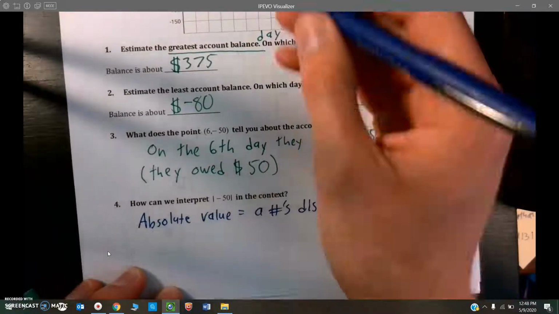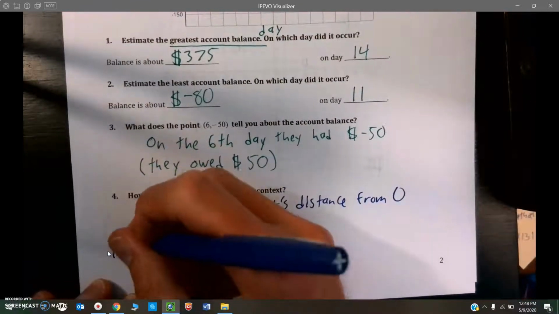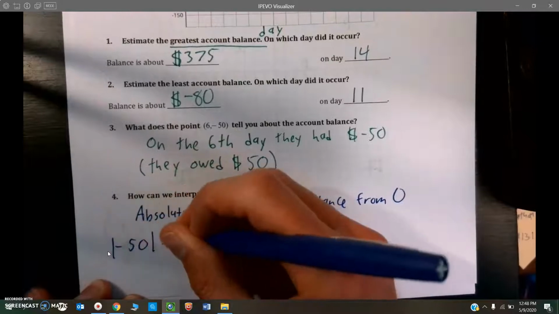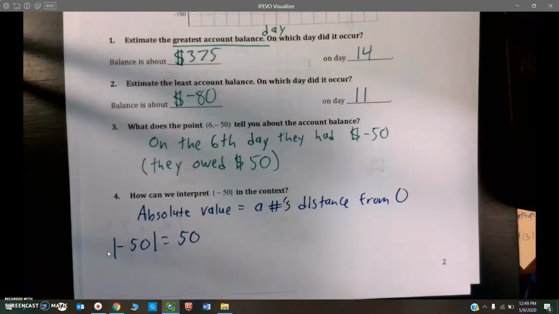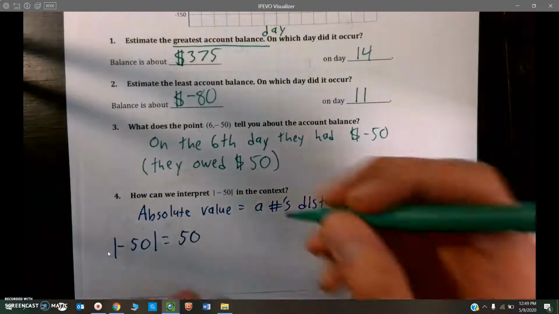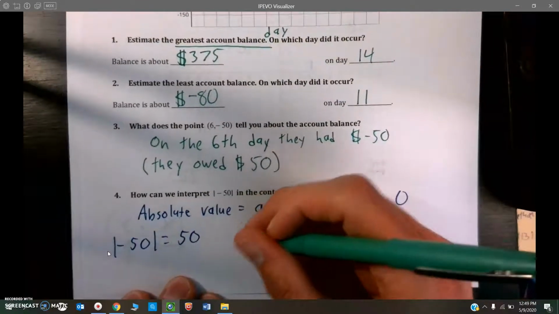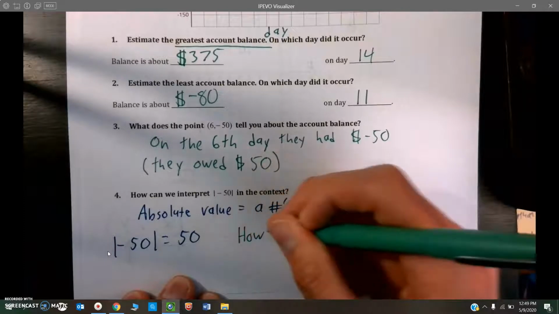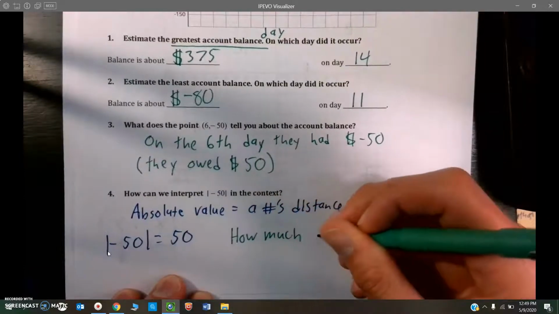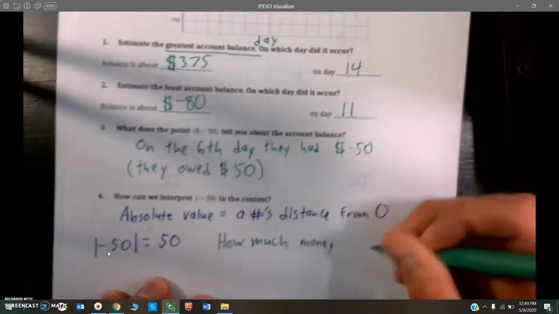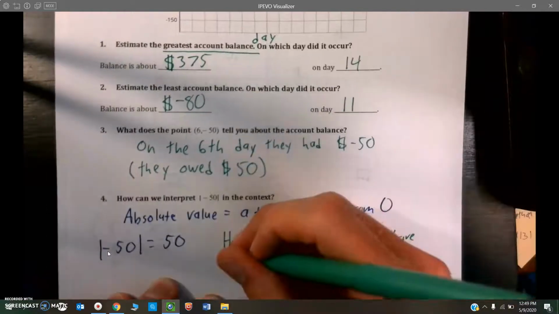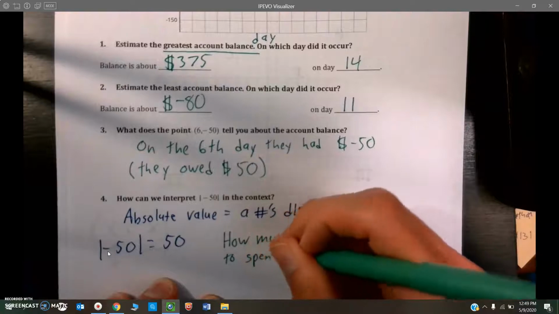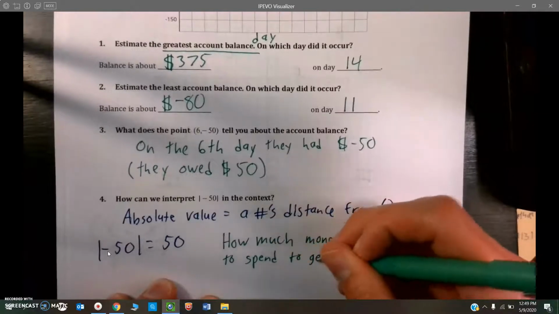And -50 is 50. The absolute value of -50 is 50 because it's 50 dollars away from 0, and that is how much money you'd have to spend to get out of debt.